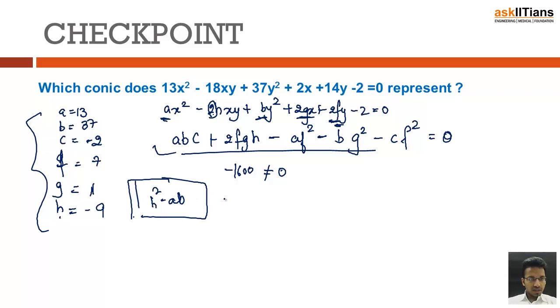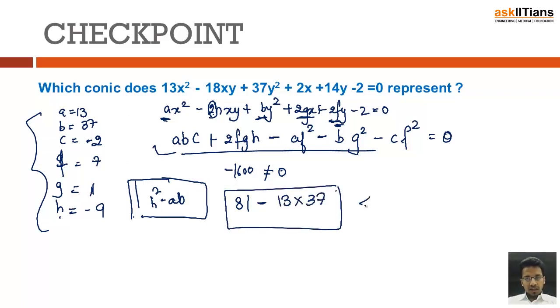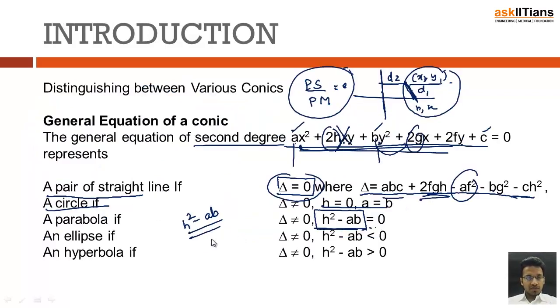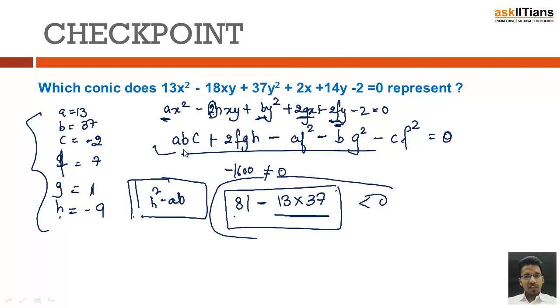Clearly h square will be equal to 81 and minus ab. So clearly this will be less than 0. This is h square less than ab, obviously, and for this, if we remember, this will be an ellipse. As is clear from here, for an ellipse this was the condition. Sometimes the questions in Mains appear in this form, and you need to remember how we classify the various conics.